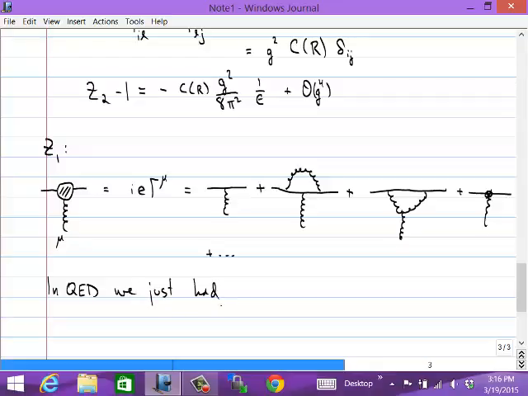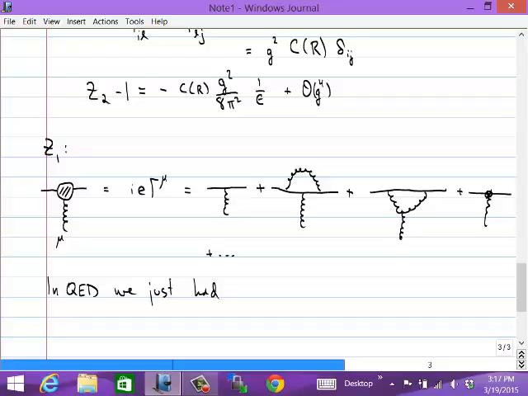Yes? So these are all third order, the second two diagrams are third order in the coupling? Yes. So then what about the diagram that has a fermion, a gluon coming off the bottom, and a gluon loop stuck on the side? Yes. So remember, that's not a 1PI diagram. We only want to include 1PI diagrams. That diagram has the property that if you cut it, it falls into two diagrams.